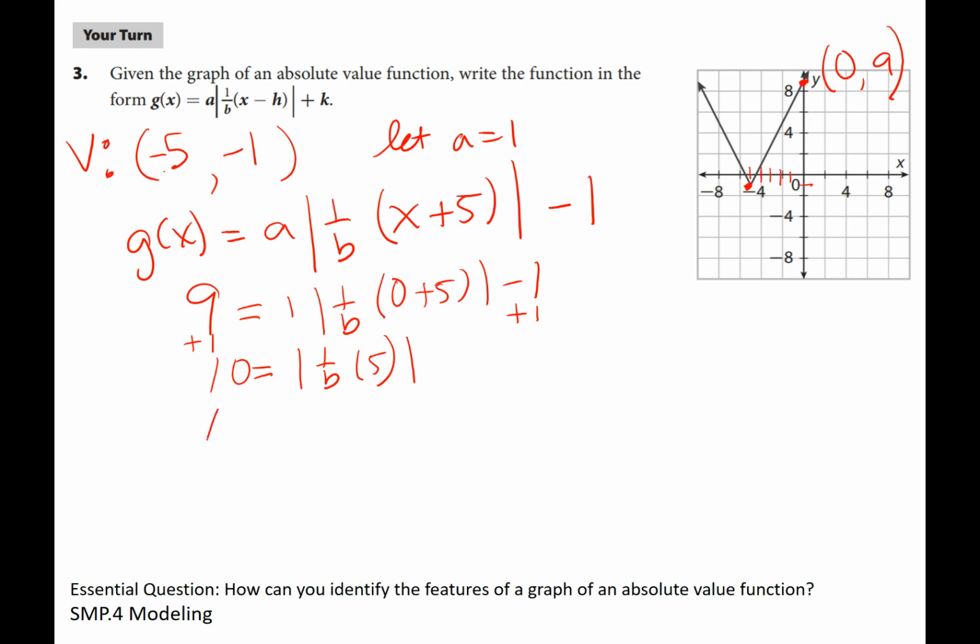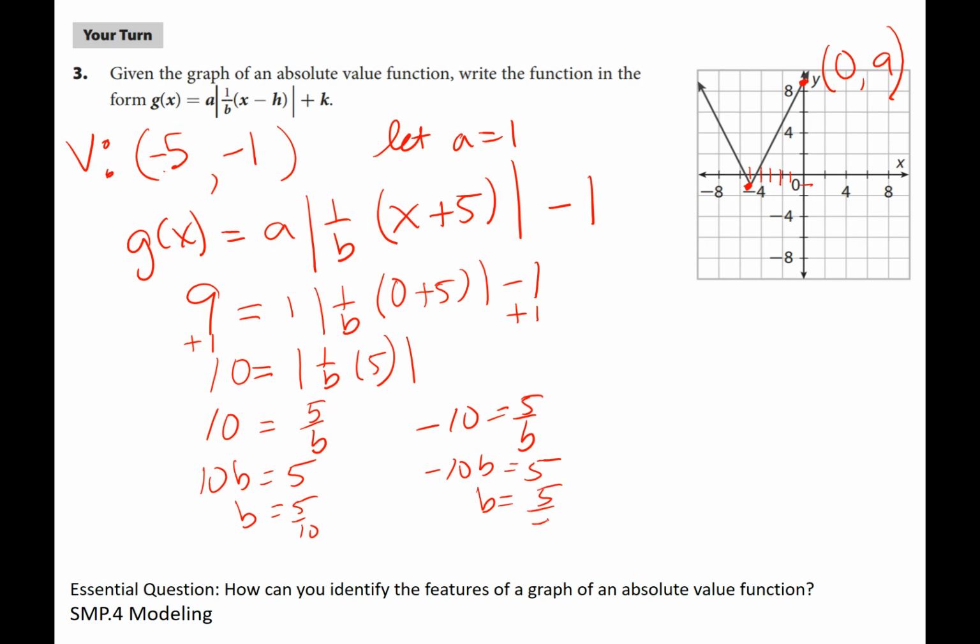So I have to do 10 equals 5 over b and negative 10 equals 5 over b. The reason that's different is because I'm coming out of those absolute values. So I'm going to multiply by b on both of them. So 10b equals 5, negative 10b equals 5. Then I'm going to divide the 10 back over. So b equals 5 over 10, and b equals 5 divided by negative 10. We reduce that to 1/2 and negative 1/2.